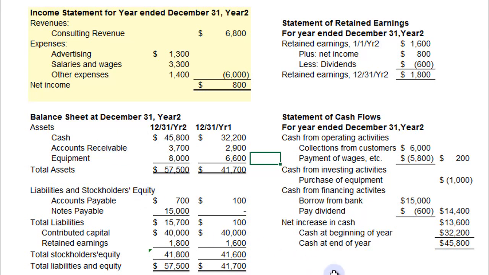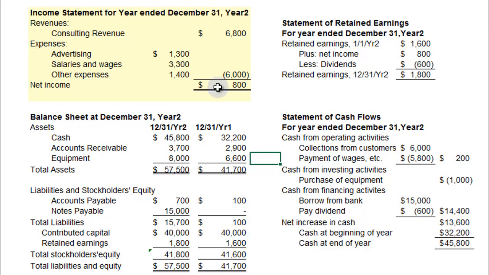Let's contrast the income statement and the balance sheet for just a moment. There's a really key difference here. If you're looking at this income statement and all you had was just the bottom part, revenues of $6,800 minus $6,000. Let's say this is the income statement for my little tax preparation business. So I hand you this income statement and you say, oh look, the business made $800 of net income. The next question that you would ask me is, but what am I looking at?